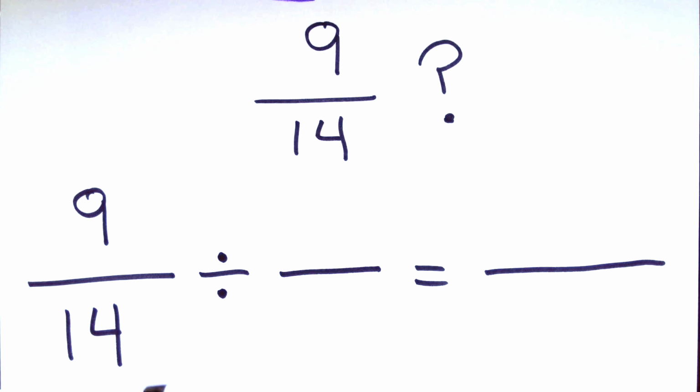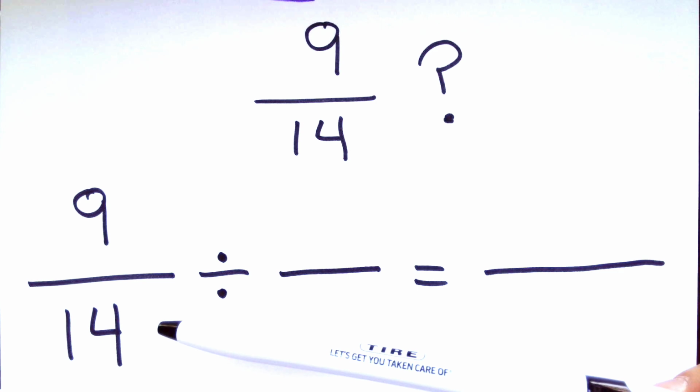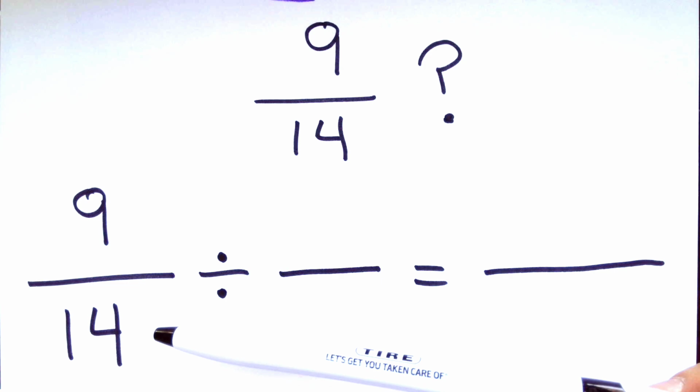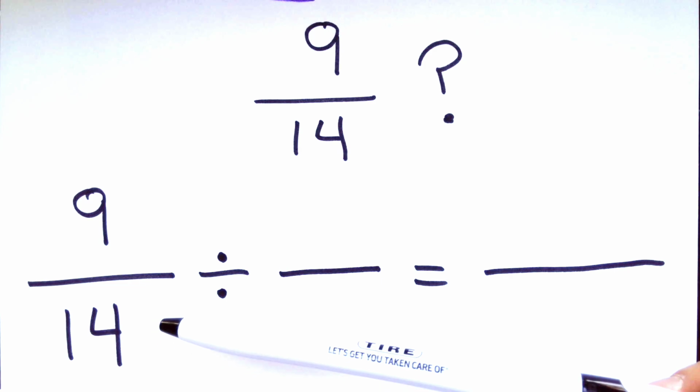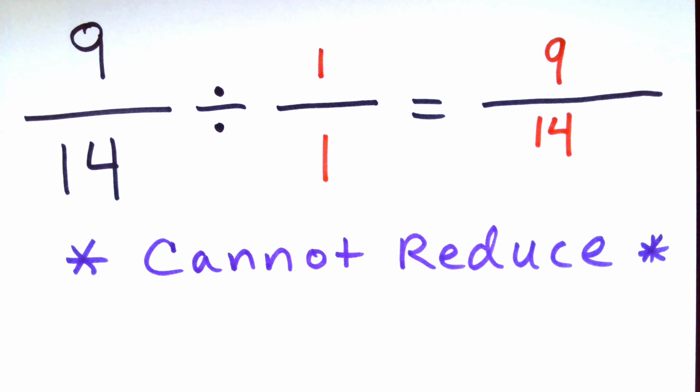So can I divide 1 into 14? Yeah, but we can't do that to reduce fractions. Okay, what about 3? Can I divide 3 evenly into 14? Is there a number times 3 that gives me 14? No. Is there a number times 9 that gives me 14? No. So if there are no numbers other than 1 that can be divided into top and bottom, it cannot be reduced.